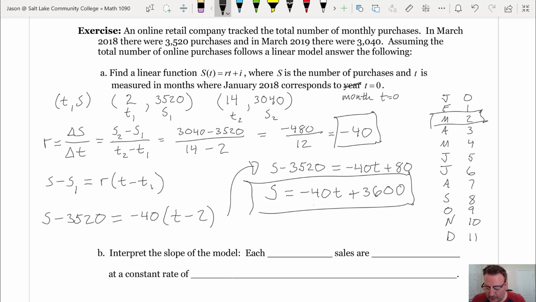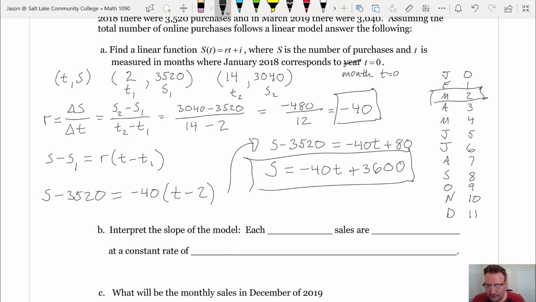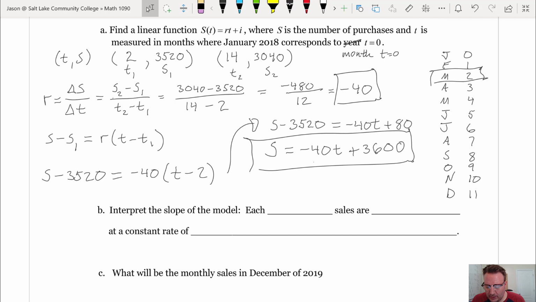Okay, part B, interpret the slope of the model. Each month, sales are decreasing at a constant rate of 40.